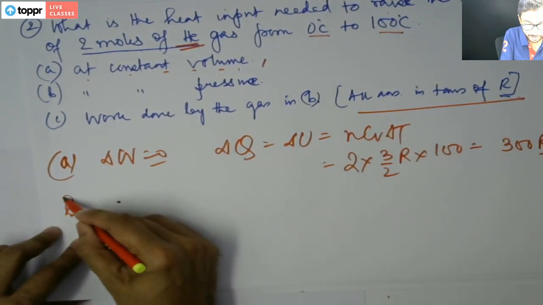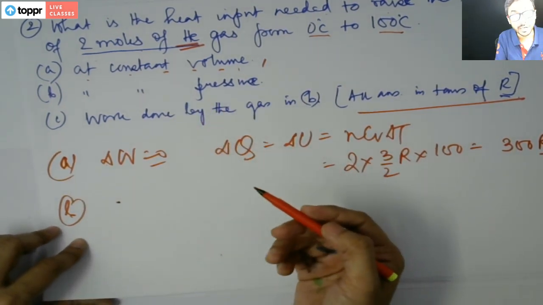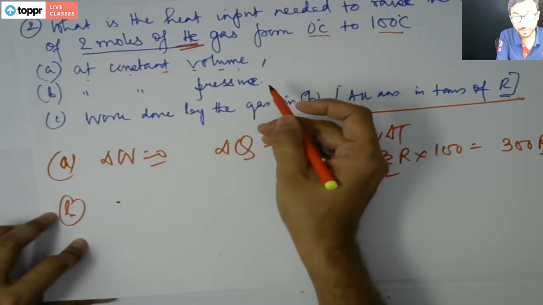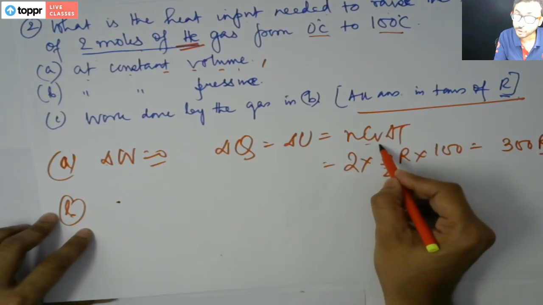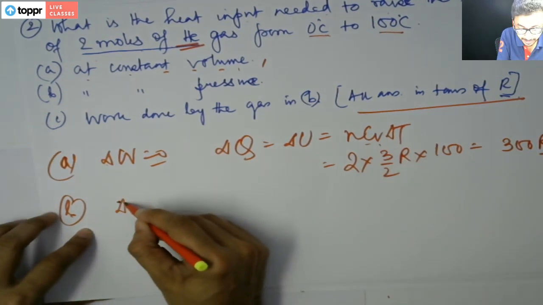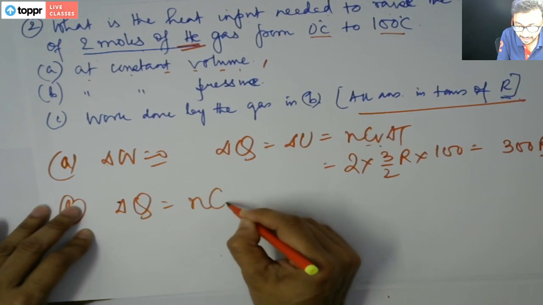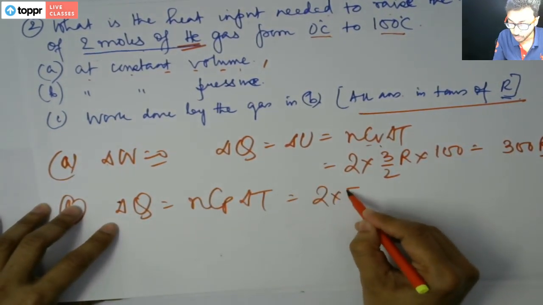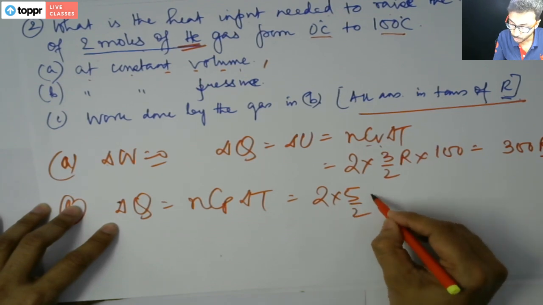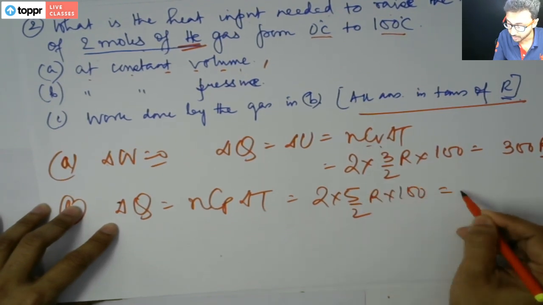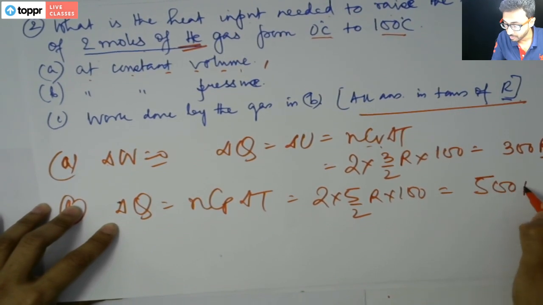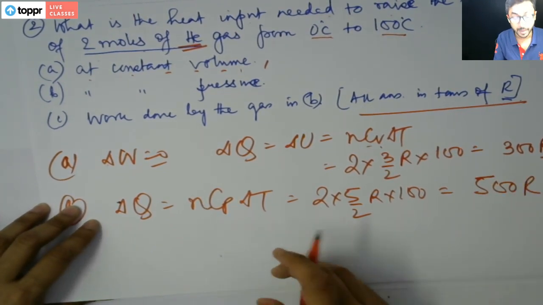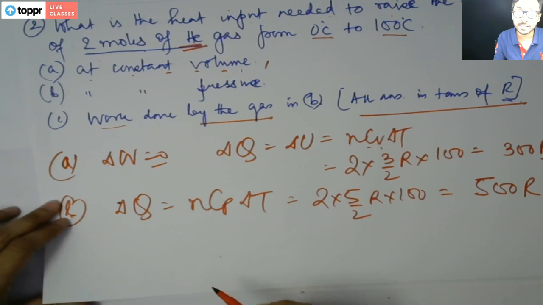At constant pressure, we'll use not Cv but Cp. So del Q will be n Cp del T. n is 2, Cp is 5 by 2 R, into 100. That is 500 R. And work done by the gas in B?